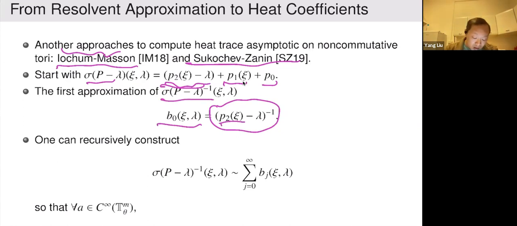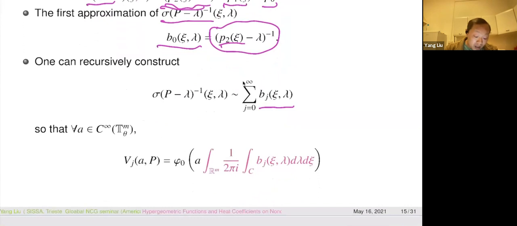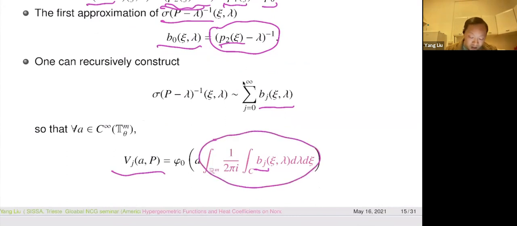Using the symbol calculus in the pseudo-differential operator, you can continue to construct B1, B2, B3. And then the upshot is the following. This Bj will lead to the heat coefficient Vj. The heat coefficient Vj is given by following this integration on this Bj.